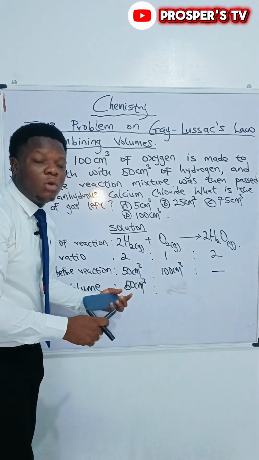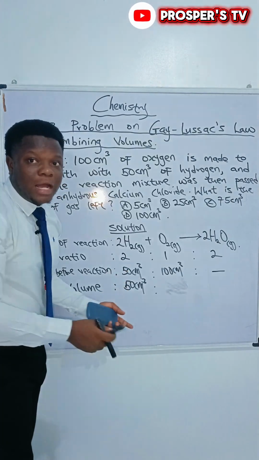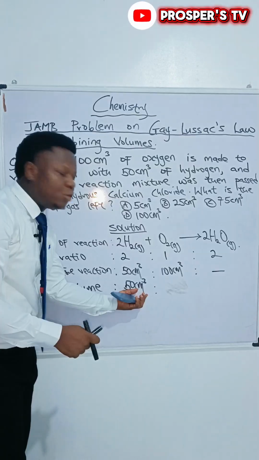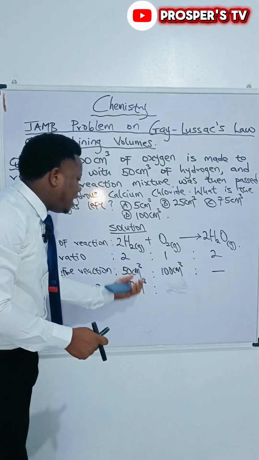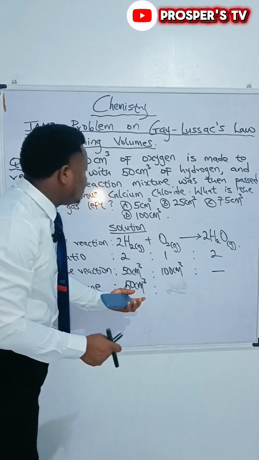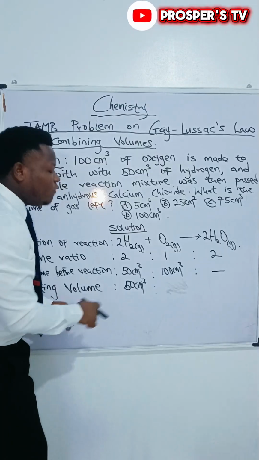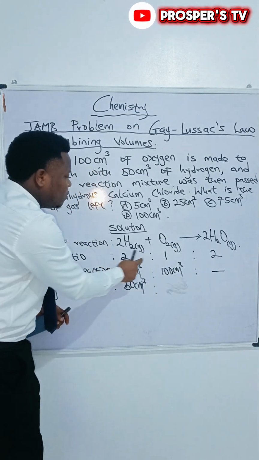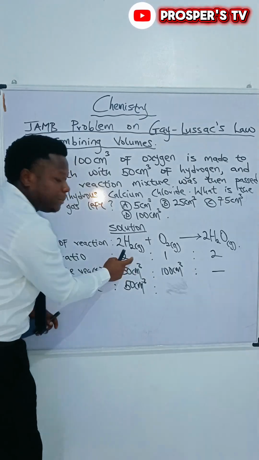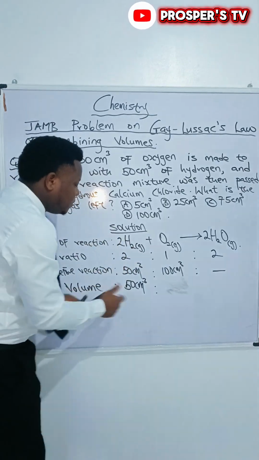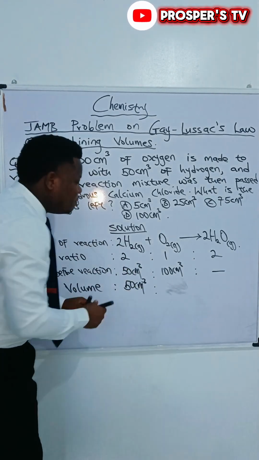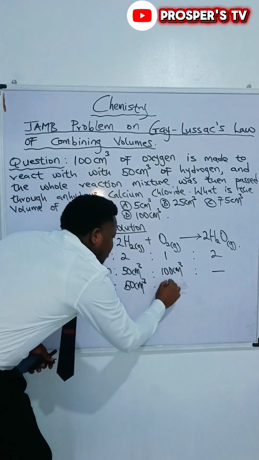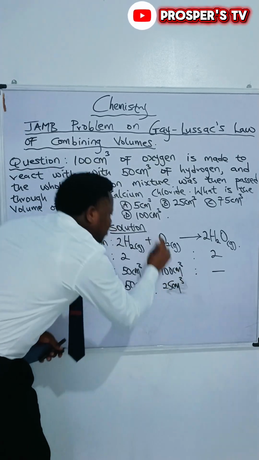So hydrogen is called the limiting reactant. If we have 50 cm³ of hydrogen reacting, what should be the volume of oxygen that should react? Remember, the volume of oxygen is always half the volume of hydrogen. So if I have 50 cm³ here, I'm going to have 25 cm³ of oxygen.